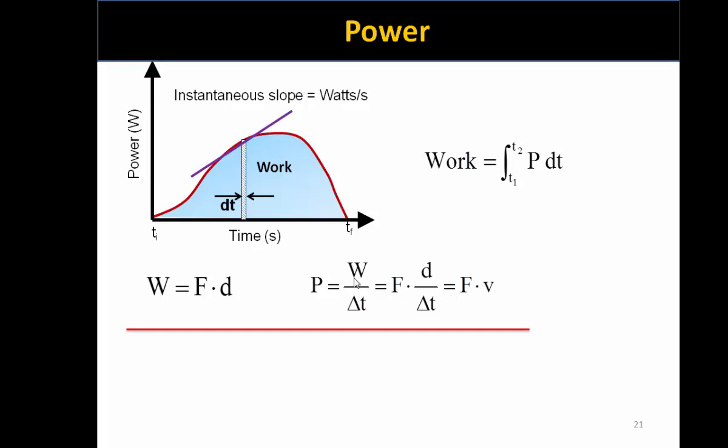So we can calculate power if we know how much work was performed and the interval of time. If we have an indication of the applied force and the velocity of that object, that will yield the same values as if we had these data available to us. And so this is the approach we would take in the linear case.